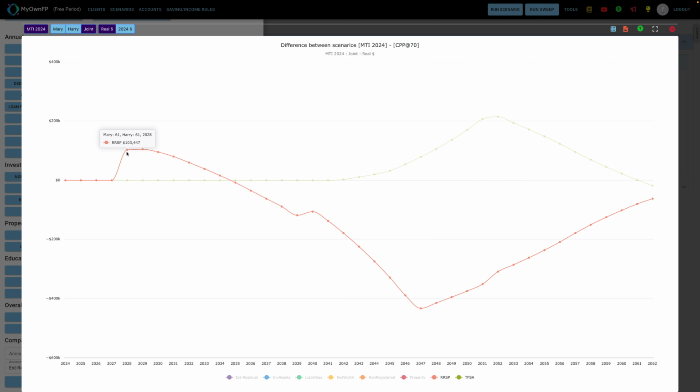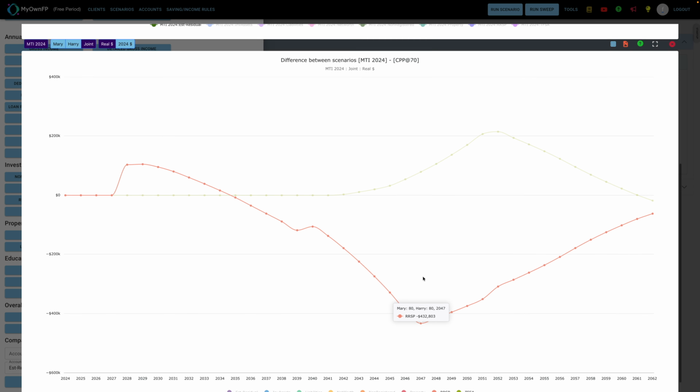And that's where we bottom out, and we actually hit zero at that age. So once we hit zero, then in the MTI case, we're taking less out, and therefore the line starts increasing. It's going to converge to zero anyway in all cases, because we're trying to drive the account to zero. So we're not taking anything out in the MTI case. We were taking some out in the CPP case, so that's why they converge to zero.